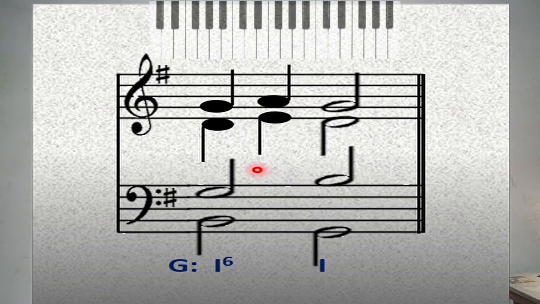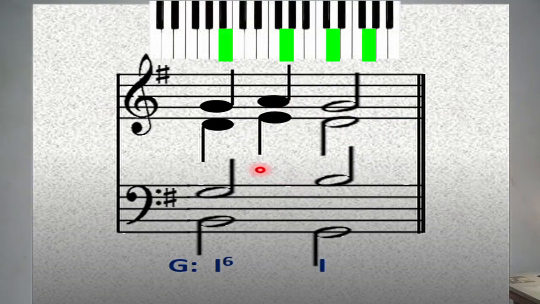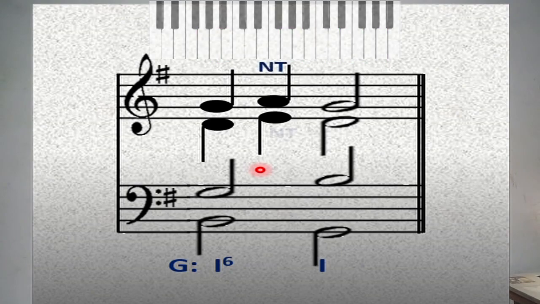Okay, so let's see how they sound. And these are neighboring tones here. In this case, we have the lower neighboring tones appearing in soprano and tenor. So now let's see how they sound.